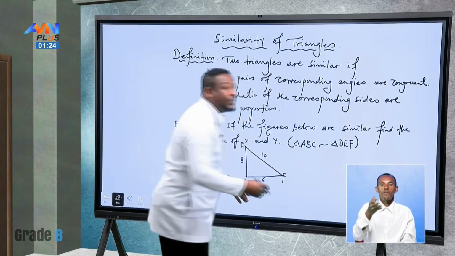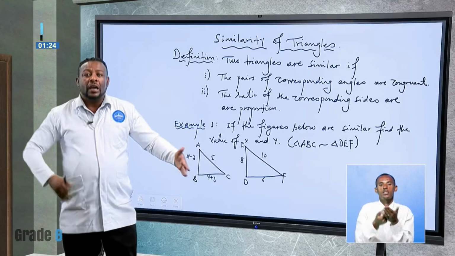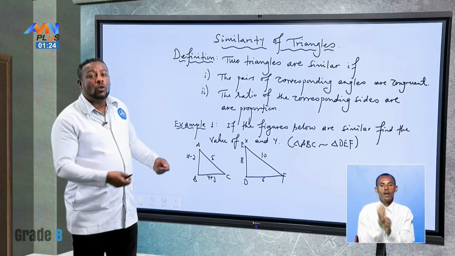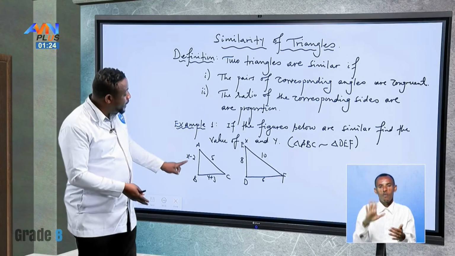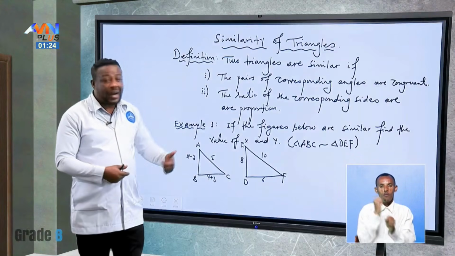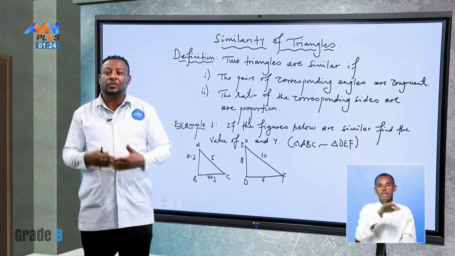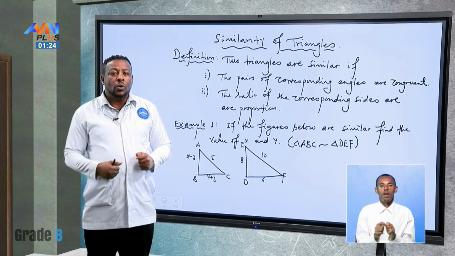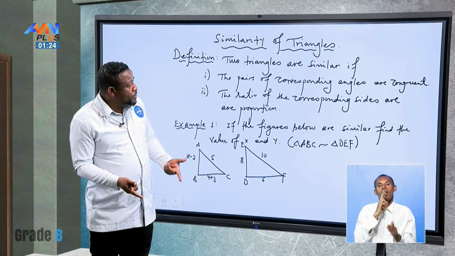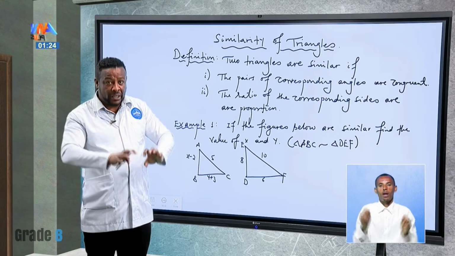If we have this information, based on this information, we can find the value of the unknown variables x and y. Okay, so to find these unknown variables, we will apply the definition of similarity of triangles. Okay, so what are the definitions? In the definition of similarity of triangles, we have two things, right?